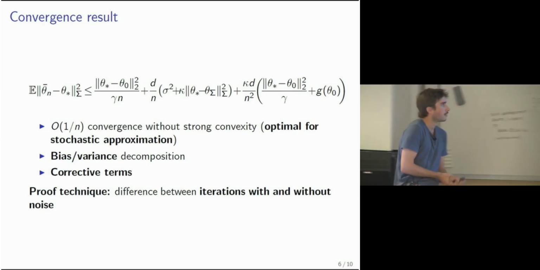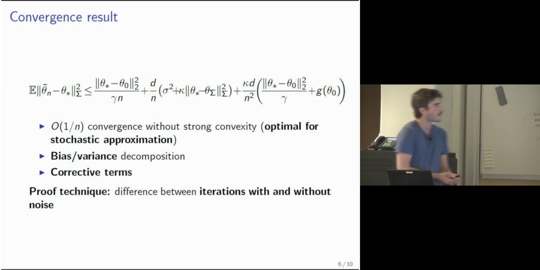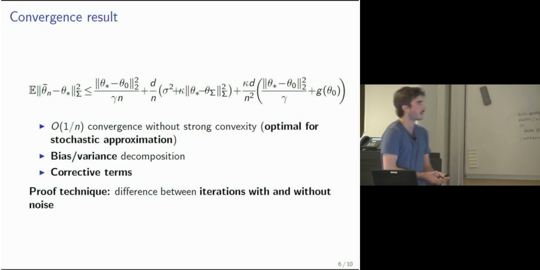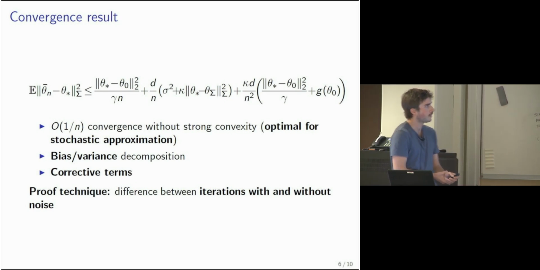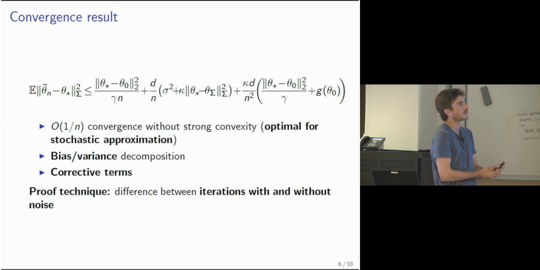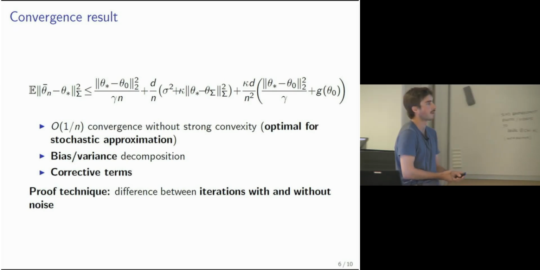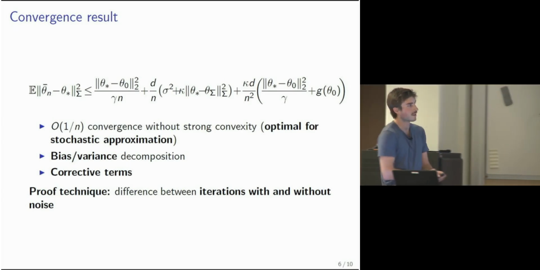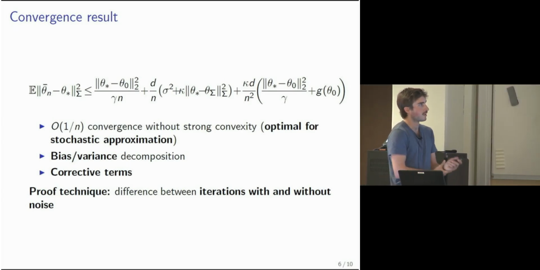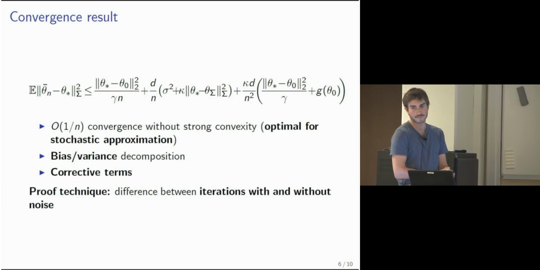And for the proof technique, it's not difficult to bound the variance term. What is difficult is to obtain a bias term of order 1 over n. To do so, you consider the difference between the iterate with noise and the iterate which comes from the deterministic recursion.